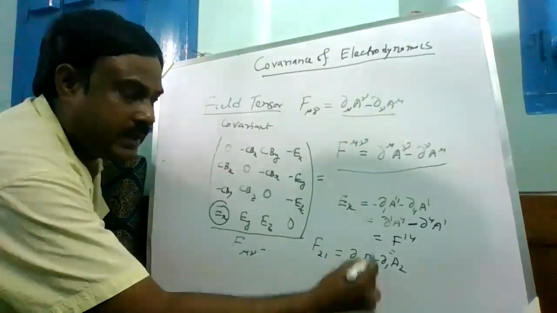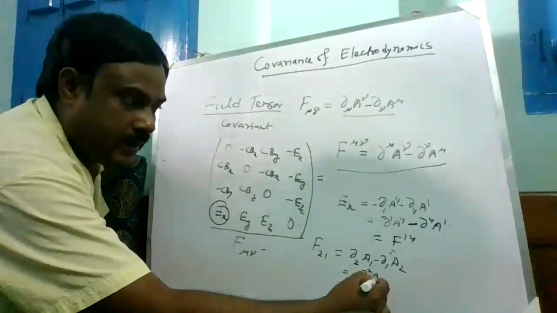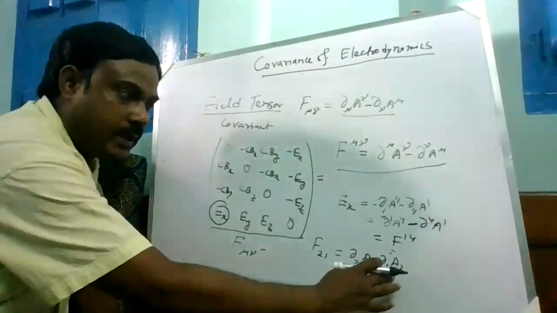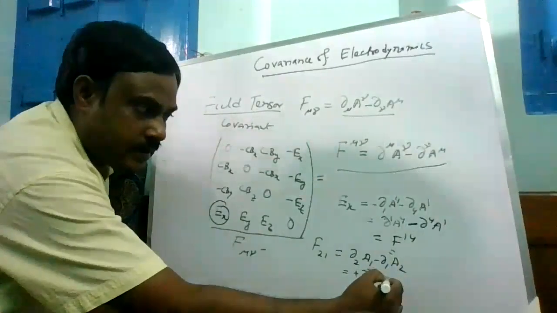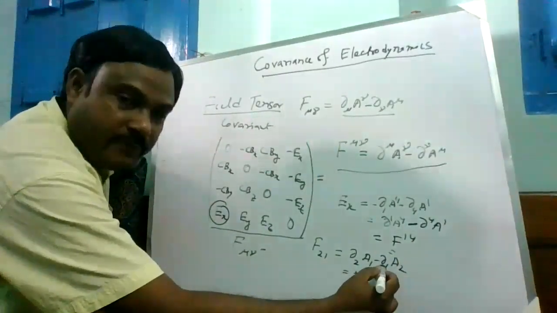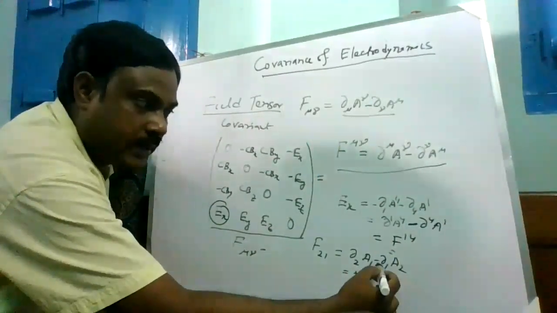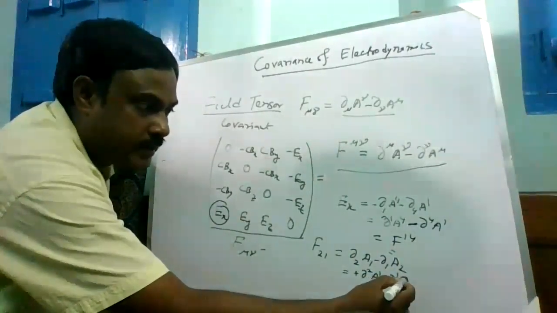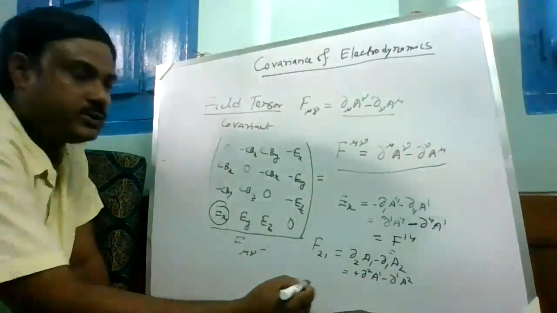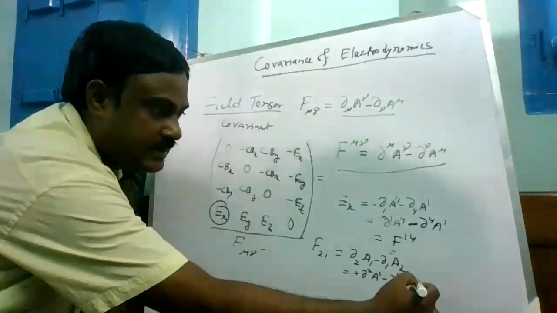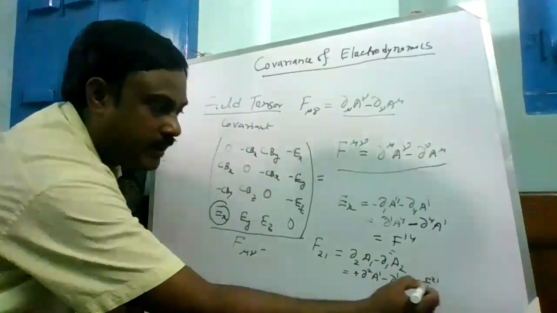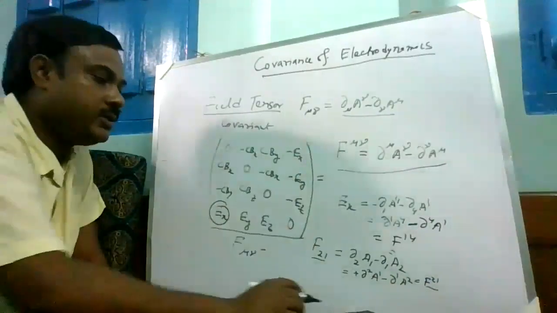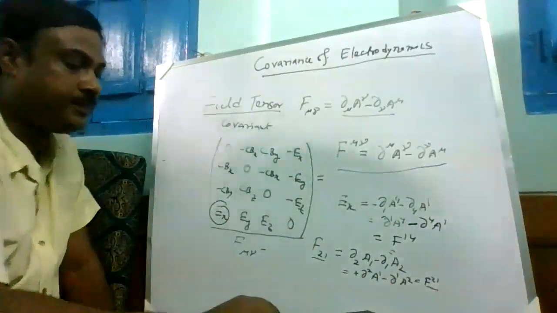If we raise A1 also, there will be another negative sign. So negative and negative make positive. Here it is also the same: one negative for this, and an additional negative. So this will be del 1 A2. So you see that F21 and its contravariant form are the same.